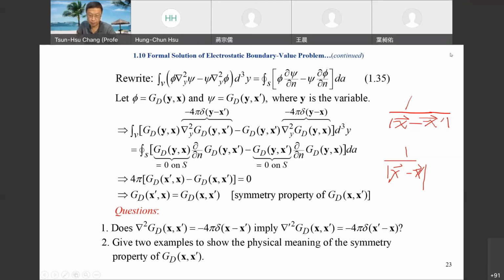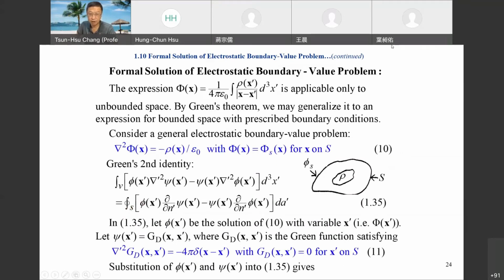Okay, next one. Let me show you the formal solution of electrostatic boundary value problems. We will use this formal solution.